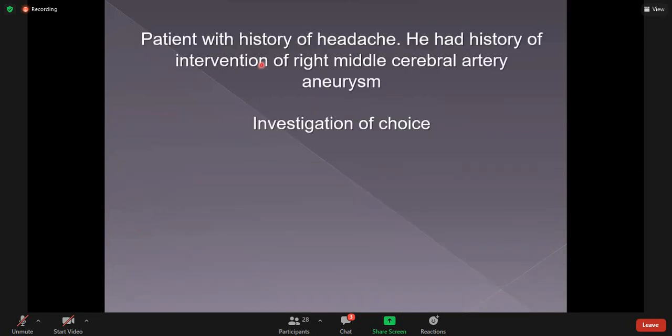Patient with a history of headache. He had a history of intervention of the right middle cerebral artery aneurysm. Investigation of choice? He had the intervention done, and now he came for the headache. What is the investigation of choice?